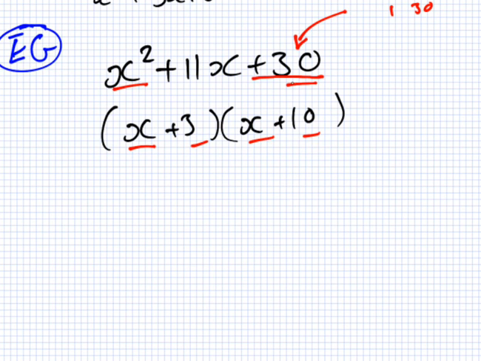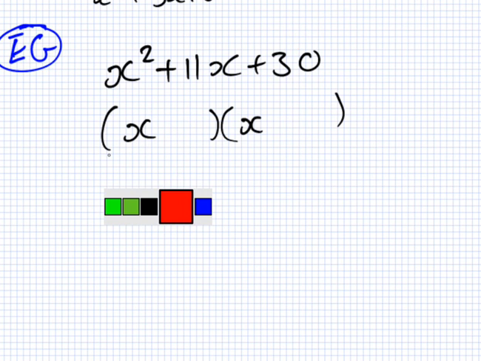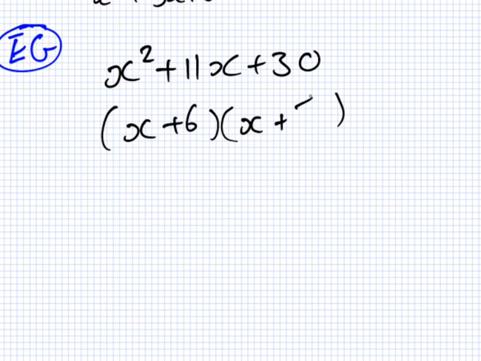For these we need 2 brackets, with x here and here. What you do first is you look at the 30 at the back and think about what numbers multiply to make plus 30.